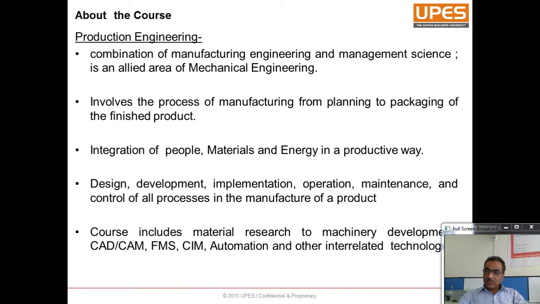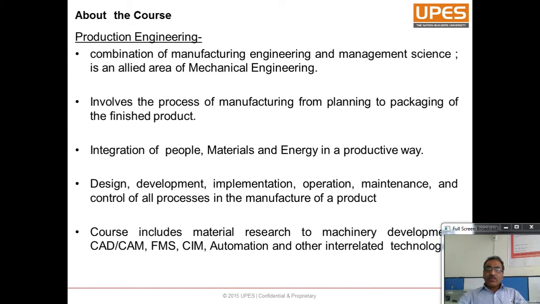For making the transformation, we need to design, we need to develop, we need to have the machine, we need to control the process, we need to optimize the process, we need to have some qualitative parameter related to the process.